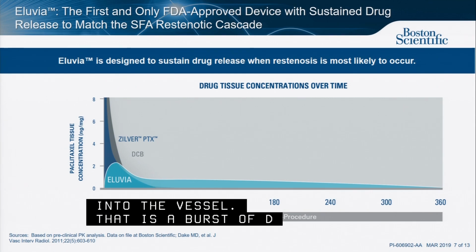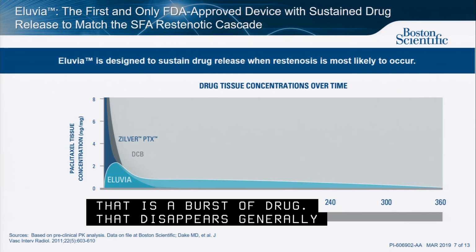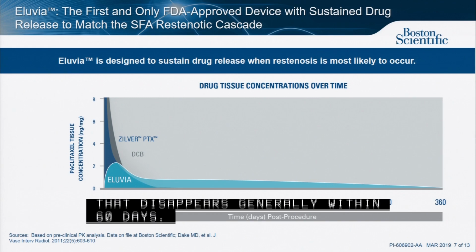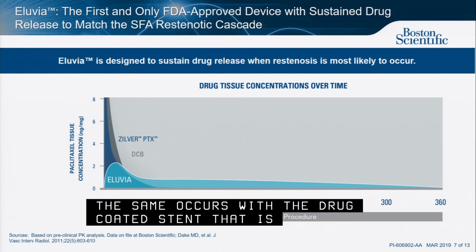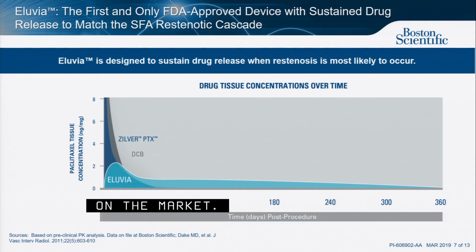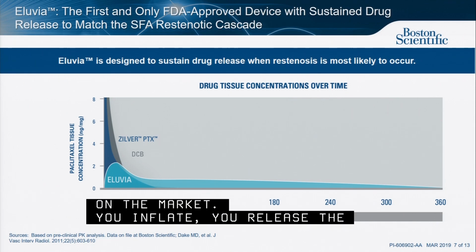The same occurs with the drug-coated stent that is currently on the market. Silver PTX is also coated with the drug. You inflate, the stent releases the drug, and after 60 days, the drug is gone.